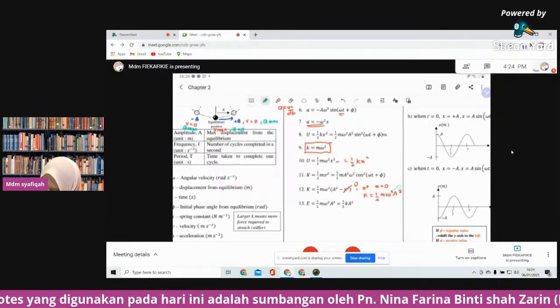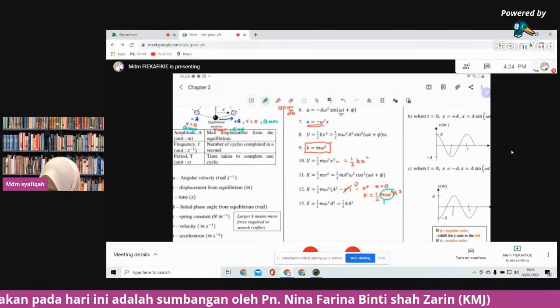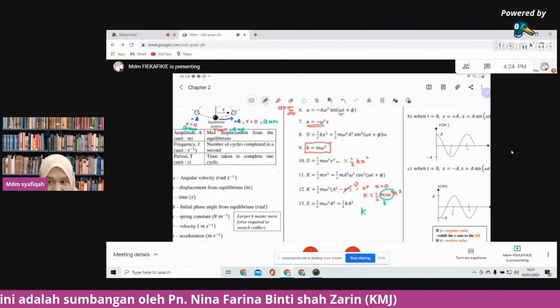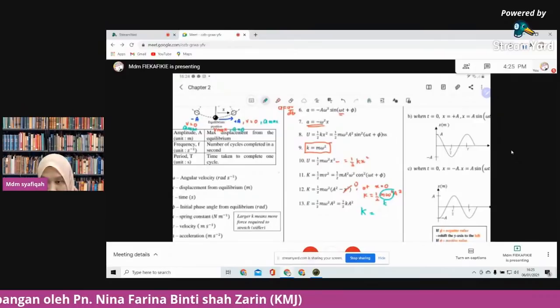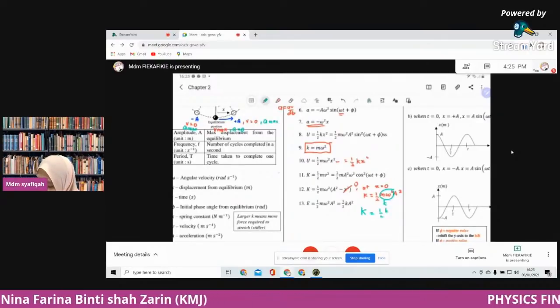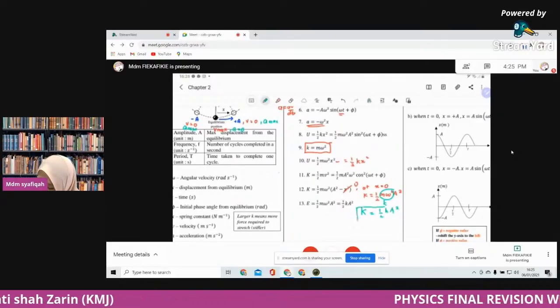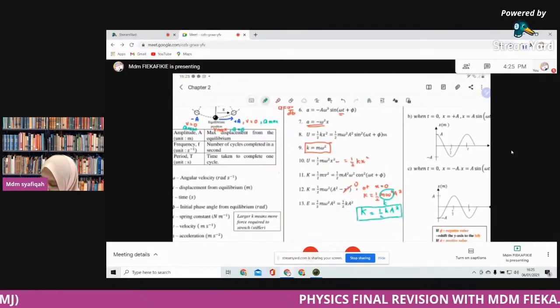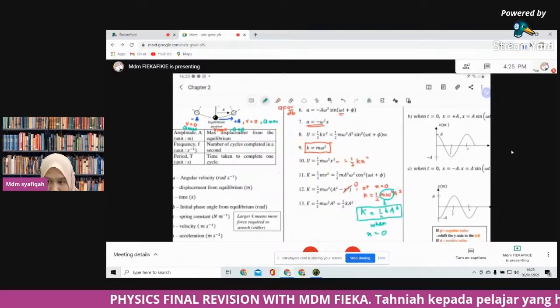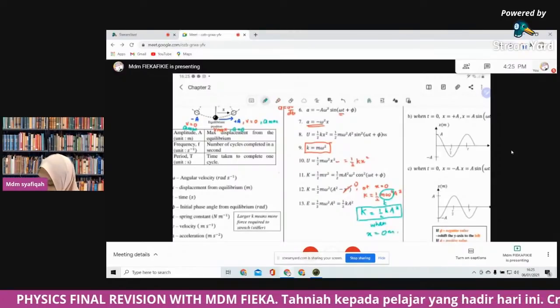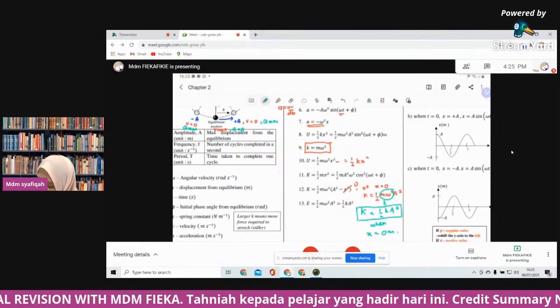So you need to know this relationship. This is k, so the kinetic energy is equal to half k A squared when x is equal to 0. If it is U, it is the opposite.